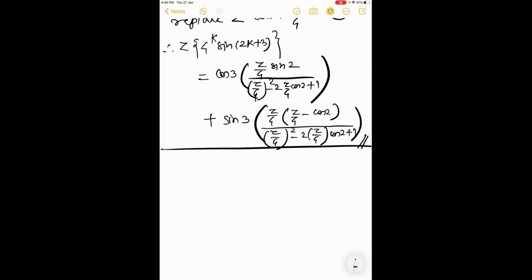The other methods I'll just show you as one example, because one is the power series method and one more is the inversion integral method, which are not very useful. The second method, the partial fraction method, is more useful and frequently used to solve examples.